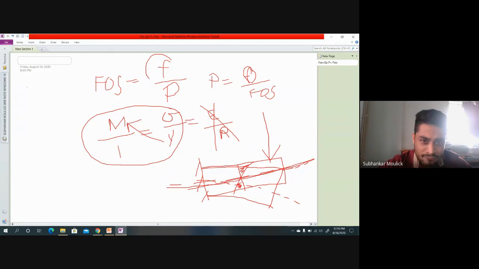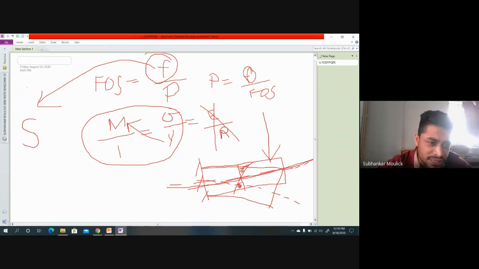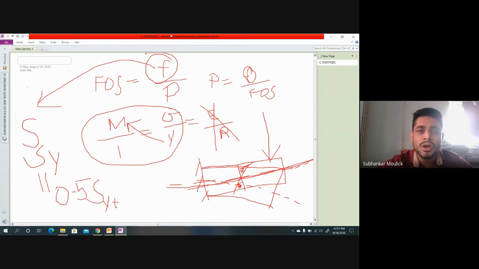For this problem, failure stress will be the yield strength in shear, that is SSY, because we have to use the maximum shear stress theory, and by it we know that SSY is 0.5 times SYT. So factor of safety is equal to SSY, which is 0.5 times SYT, by permissible stress. So permissible stress becomes 0.5 times SYT by factor of safety.